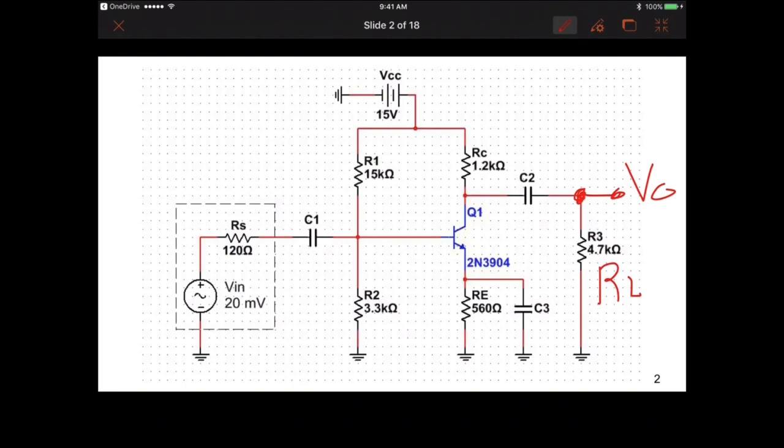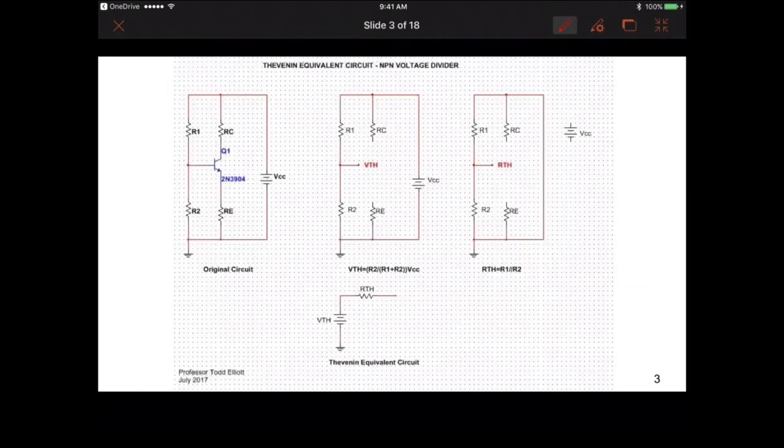Okay, welcome back. Let's continue on. So these are the steps to solve for RTH and VTH, the Thevenin resistance and Thevenin voltage respectively. We've done this before, so this should be just review. You can take a copy of that if you want.